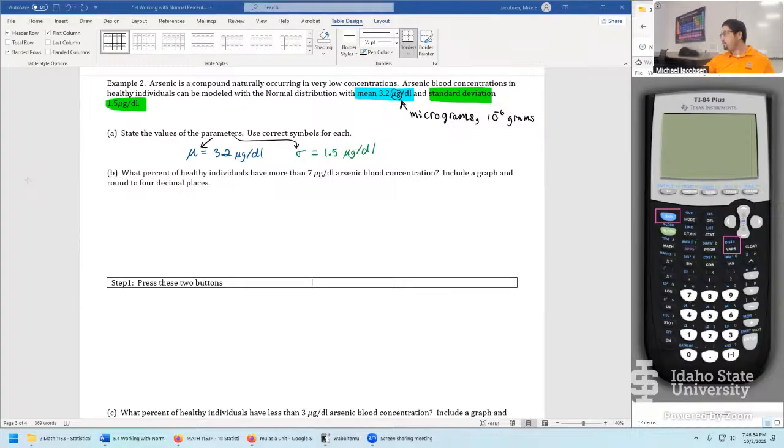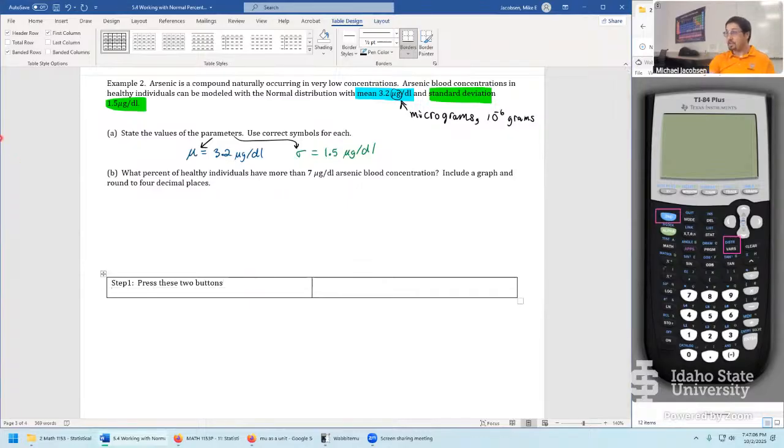Oftentimes I'll just say second vars because that's the name on the button, but you're really trying to hit the thing in blue called distributions, as in the normal distribution. So press those 2 buttons in this order. I guess the order is important as well. Do this first. Do that one second on your calculator.